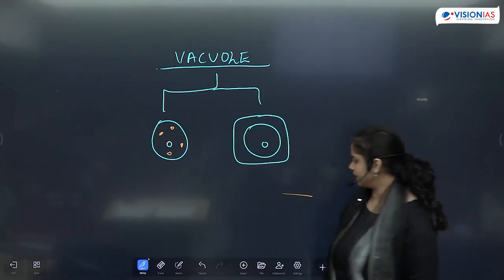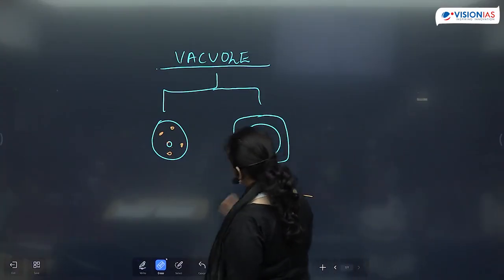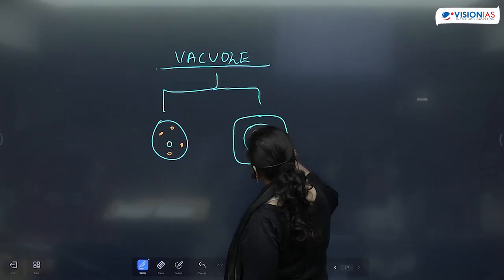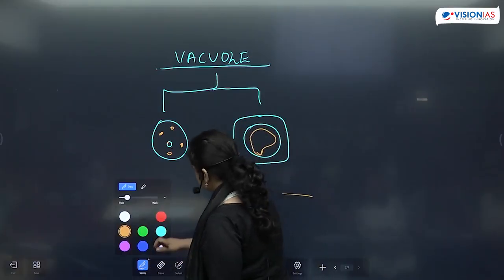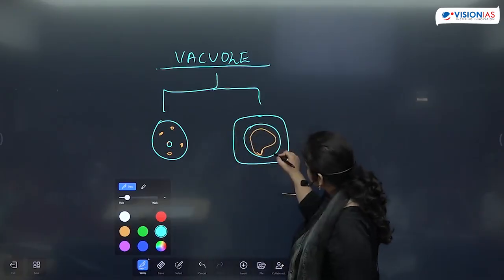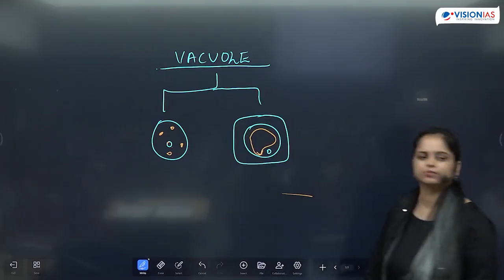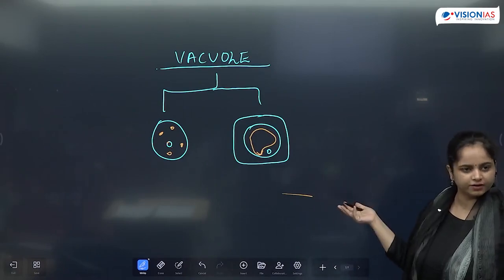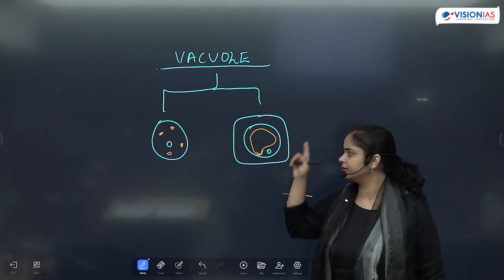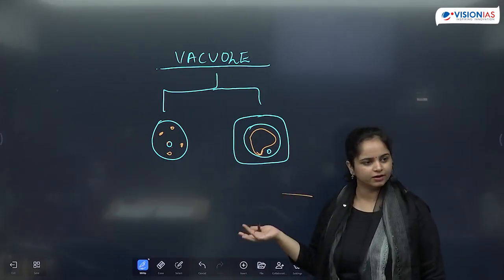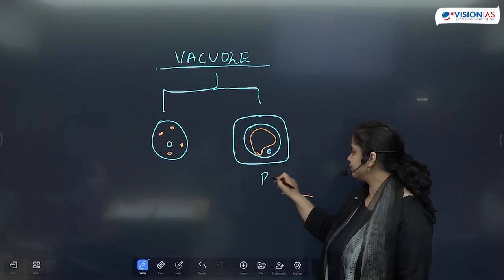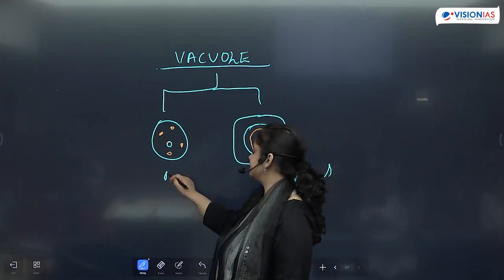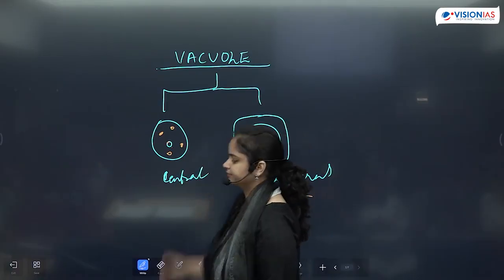In a plant cell, what happens is, there is one very large vacuole and it actually takes up almost the whole space of the cell, such that the nucleus which was supposed to be in the central is actually pushed to one side. So function same hai, structure different. One large vacuole, animals में many small vacuoles, and that impacts the position of the nucleus. यहाँ पे nucleus becomes peripheral, animal cells में it is central.